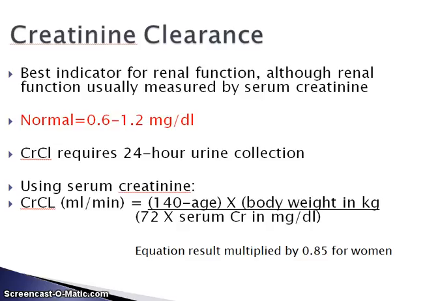Another indicator is our creatinine clearance. This is our best indicator of renal function. Usually it's harder to get a creatinine clearance than it is to get a serum creatinine, so they will only do it if those other values are abnormal. Creatinine clearance should be between 0.6 to 1.2 milligrams per deciliter.